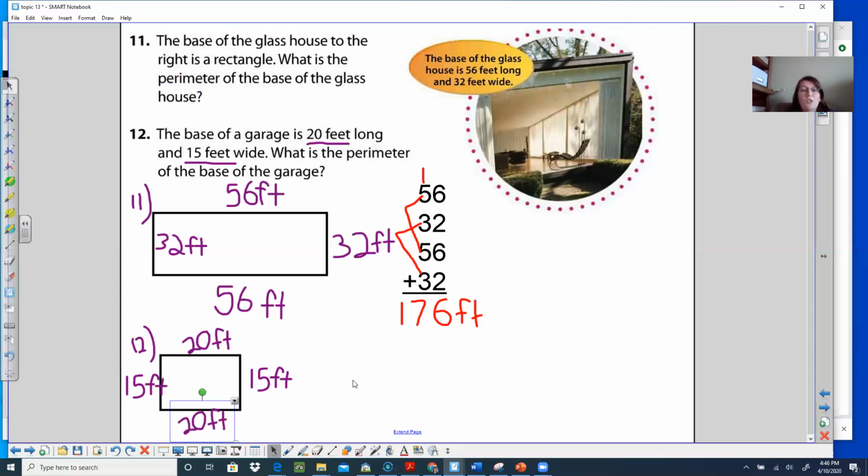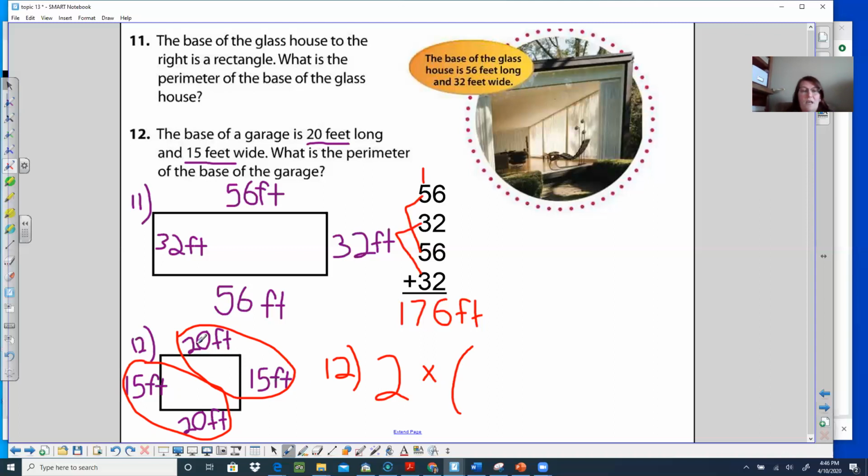So you have a choice. You can either stack them and add them, or you can do the multiply thing. And I'm going to model the multiply thing so that you have exposure to both concepts. So here's a set of sides. Here's a set of sides. So I have 2 sets of sides.